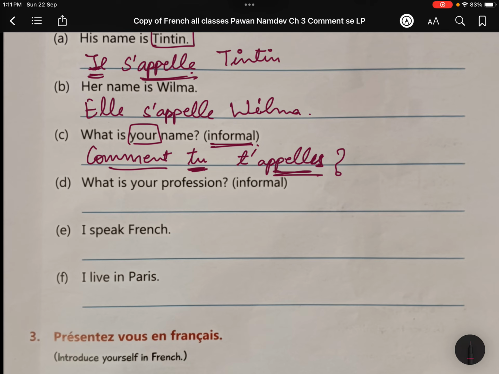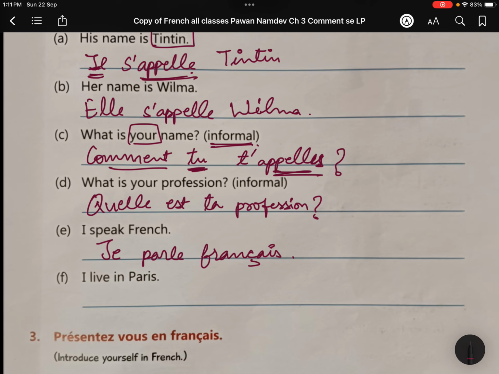How you call yourself. What is your profession in the informal way? So we have to use again tu. So what is your profession? Quelle est ta profession? Ta means your. Quelle est ta profession? I speak French. Je parle français.